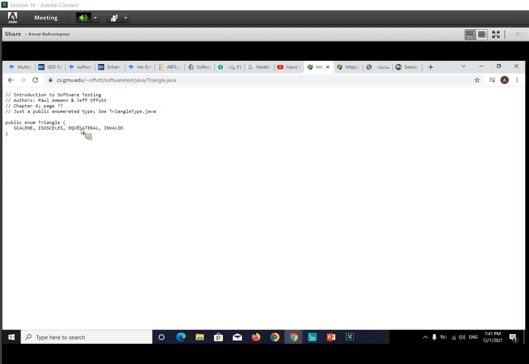In the equilateral triangle, all three sides should be equal. In the isosceles type of triangle, two sides should be equal.